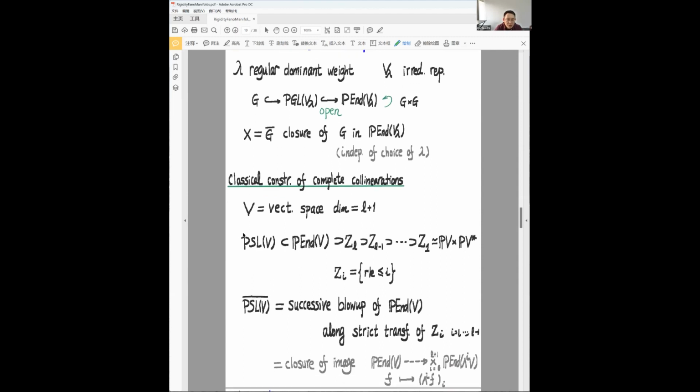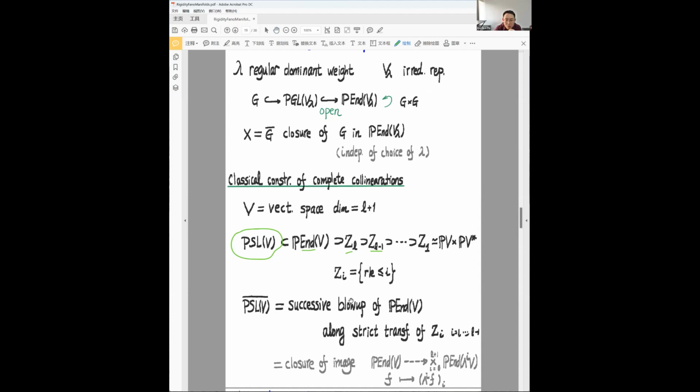In type A, the group is just PSLN, and then you embed this into the projectivization of the endomorphisms of the vector space V. You can think of this as matrices, and then you have the rank 1 matrices, which are given by a product of projective spaces.